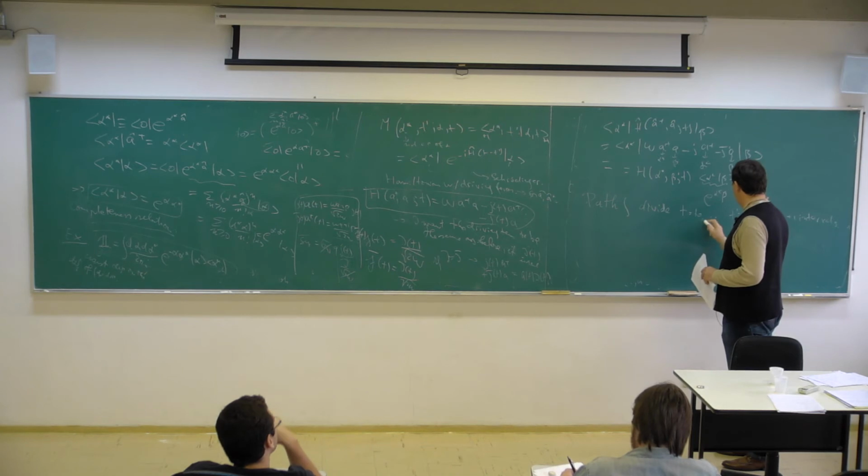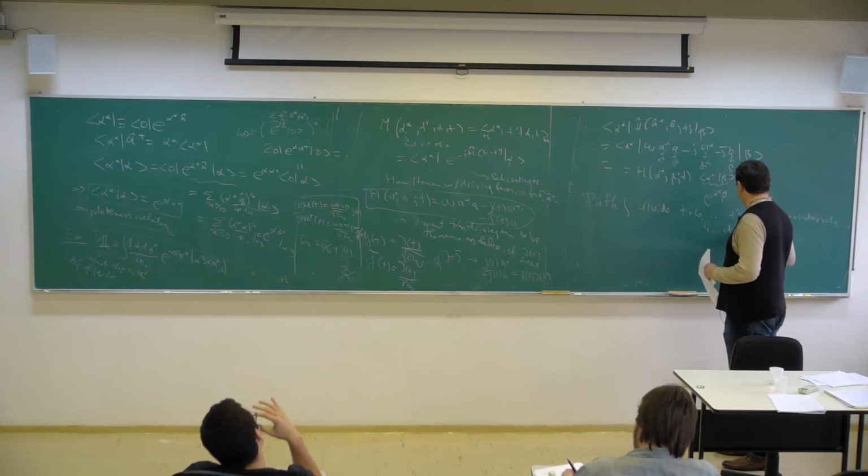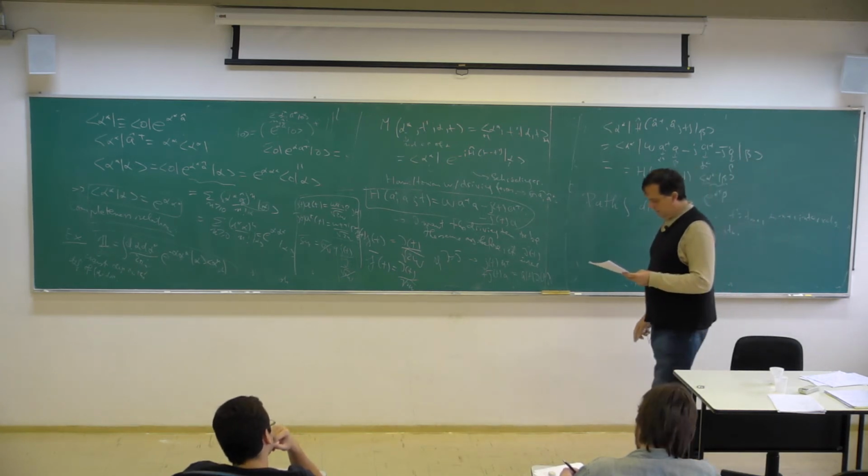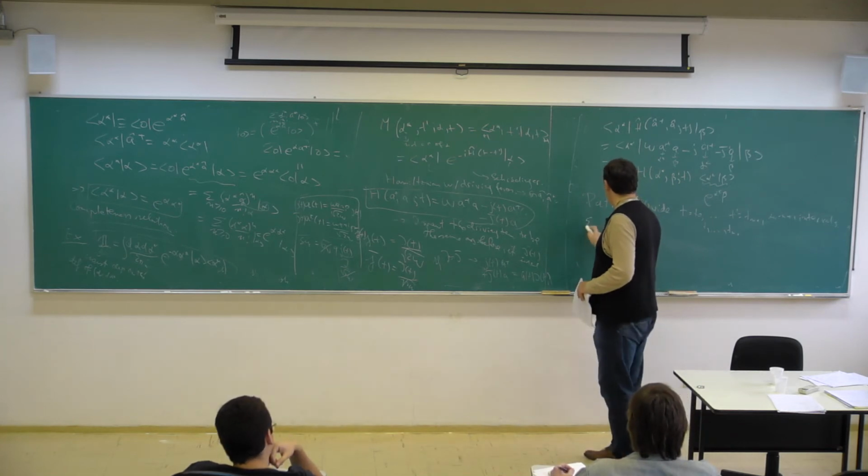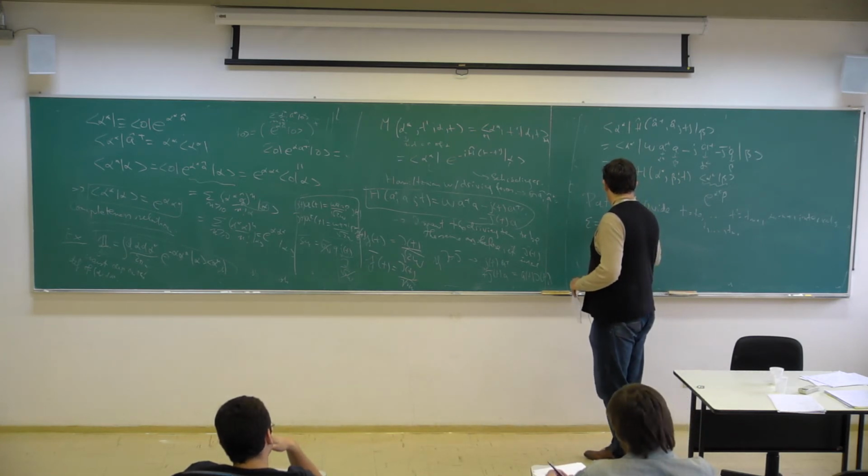So here we have t1 until tn, right? And then epsilon is t minus t prime over n plus 1.